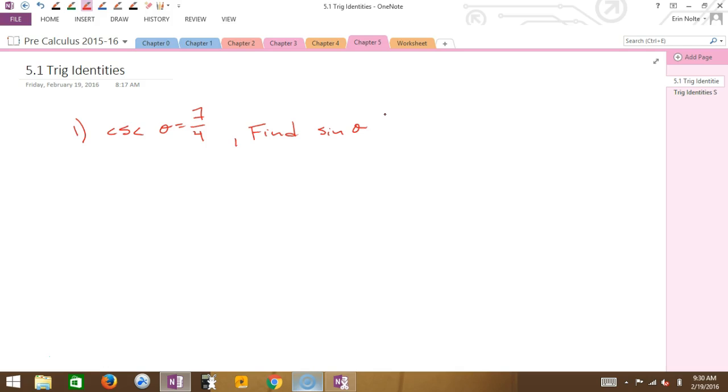Getting closer. Reciprocals of each other. That's the right word, reciprocals. So you guys know that if they're reciprocals, then what will the sine ratio be? Nailed it. You just flip it, right? So it'd just be 4/7. Boom. Easy peasy. That was so easy.